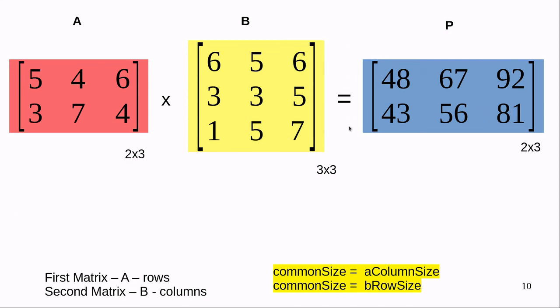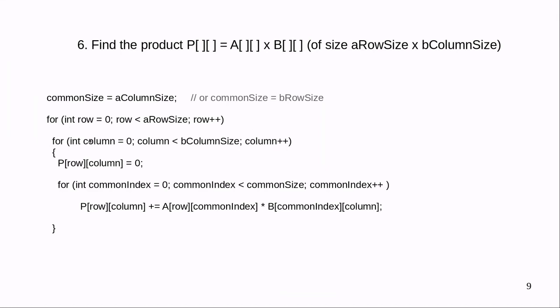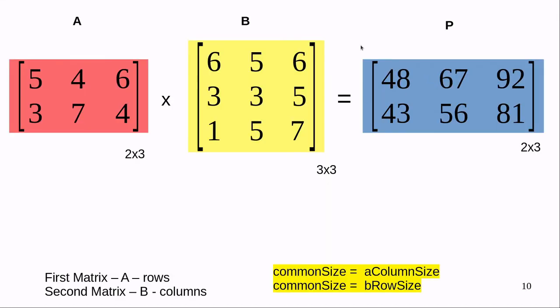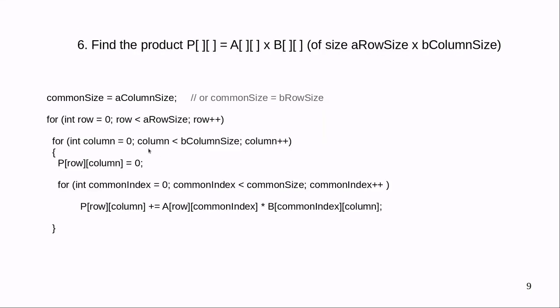And the next step, what do we want? We want to iterate across each column. So within each row, we have to iterate across each of these columns. How do we do that? For that, we are using the variable int column equal to 0, column less than b column size. Okay, why b column size?